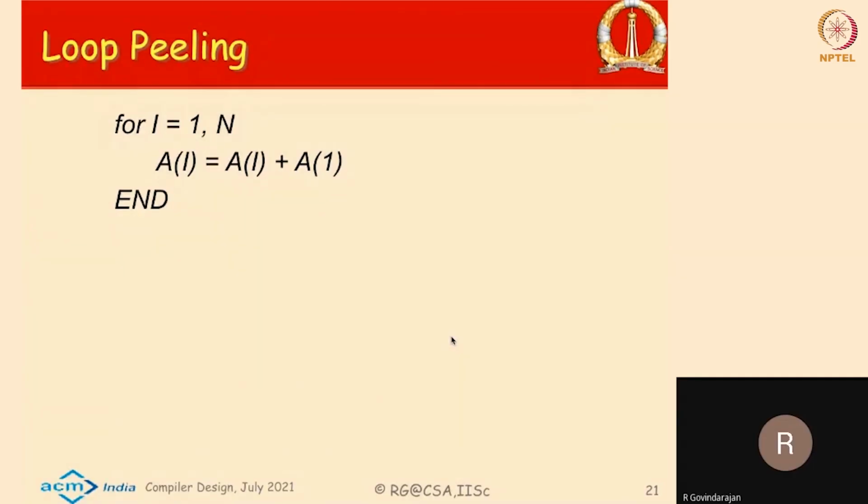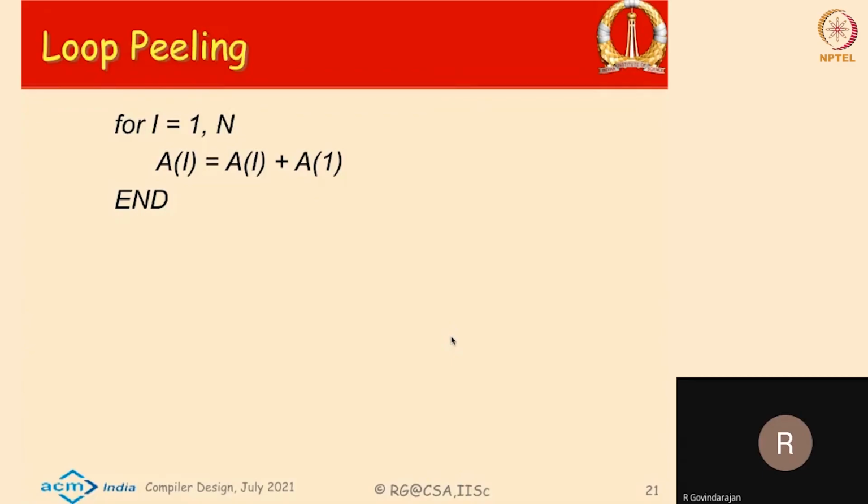A1 is also getting written in the first iteration. That's really the key. For example, here, if you look at it, in iteration 1, A1 is being written, and in all subsequent iterations, the written value of A1 is being used.